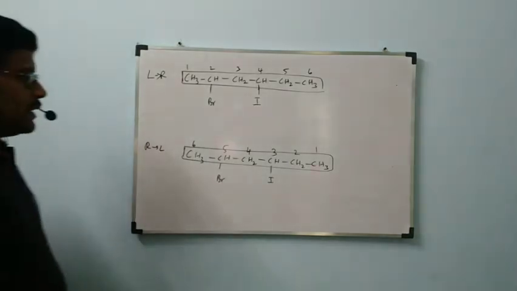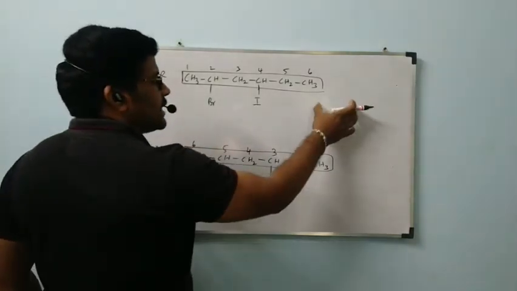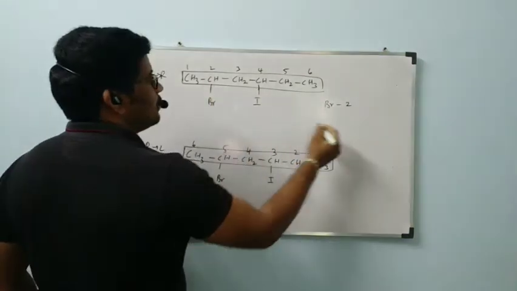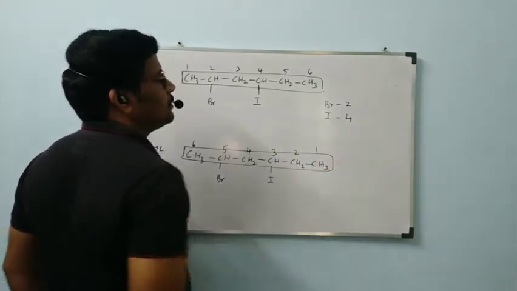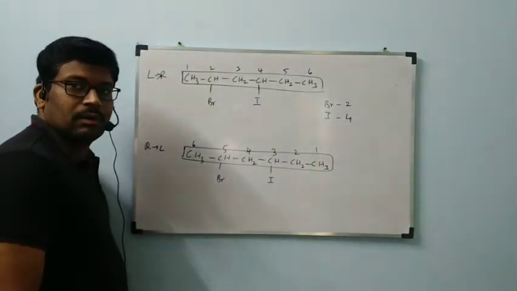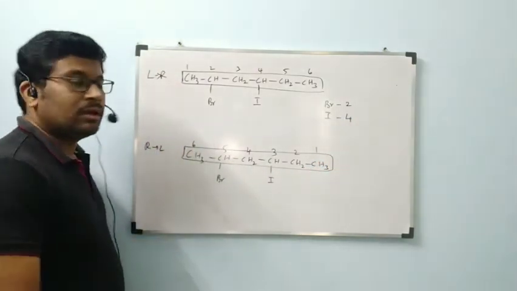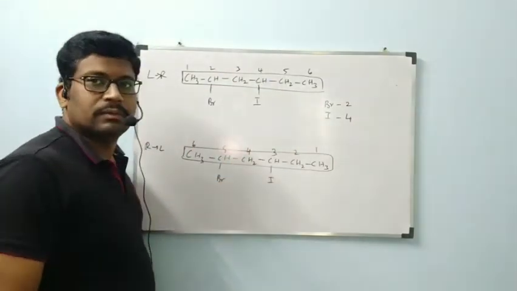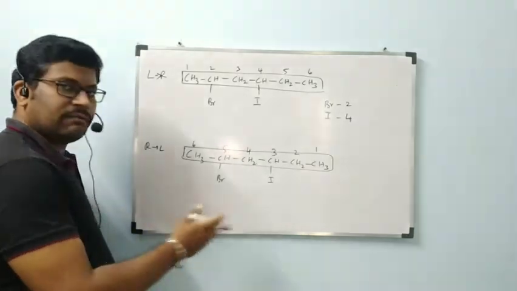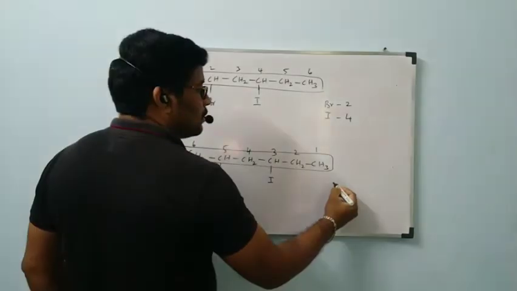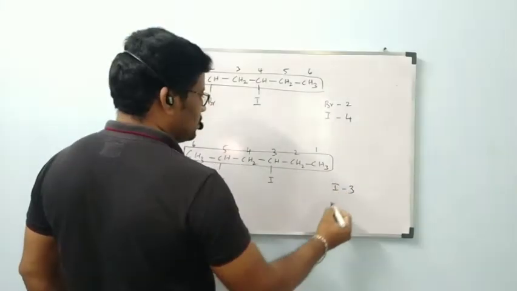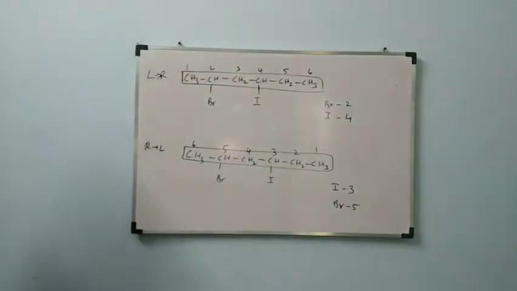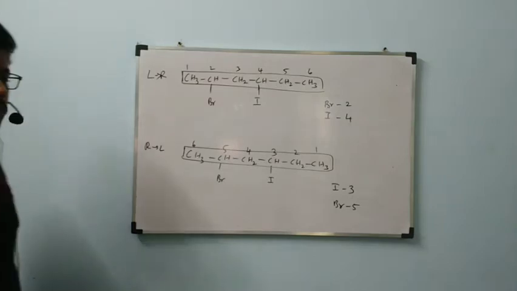Write neatly like this, and I am writing the positions here. In left to right numbering, we got bromine position 2, iodine position 4. Next, right to left numbering: iodine position 3, bromine position 5.